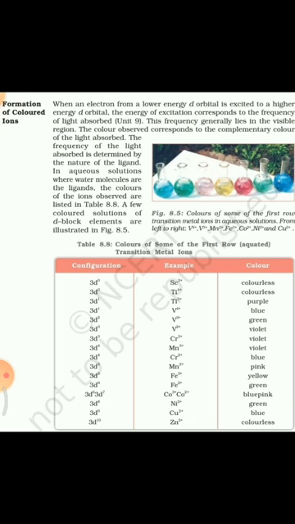When an electron from a lower energy d orbital is excited to a higher energy d orbital, the energy of excitation corresponds to the frequency of light absorbed. This frequency generally lies in the visible region. The color we observe corresponds to the complementary color of the color absorbed.